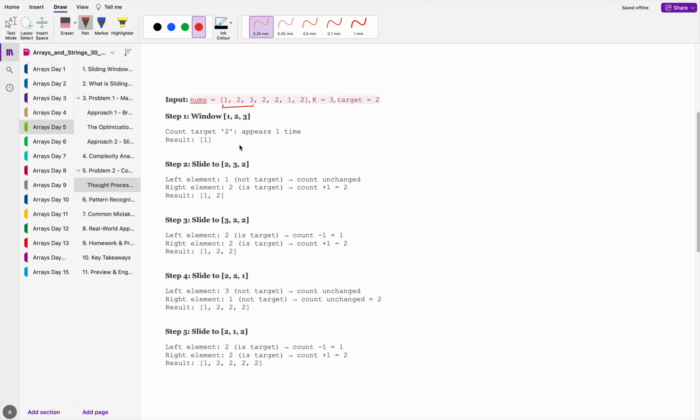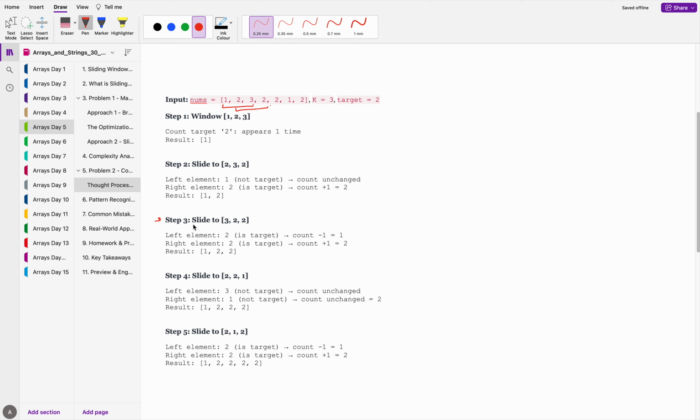Next window, slide to 2 3 2, अब 2 3 2 पे गए तो again leaving item is 1 which is not target, so count would be unchanged, but here right element 2 is target, so count would be plus 1, so ये अब होके 2 हो गया है ना, so that's why 2.